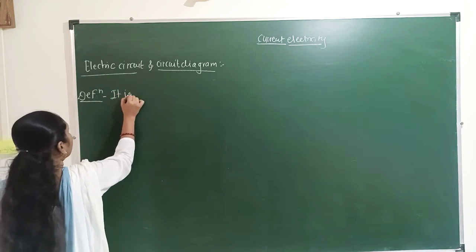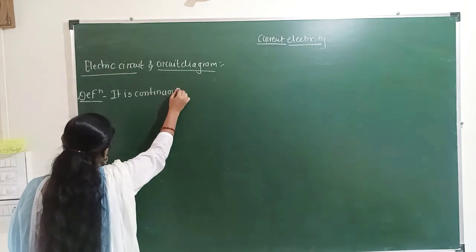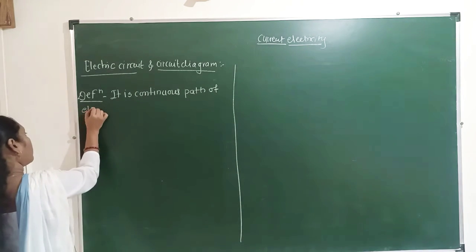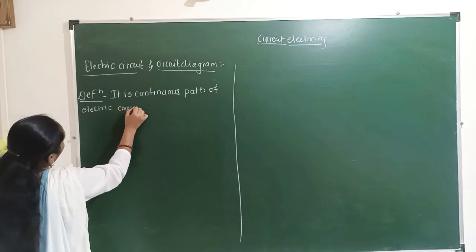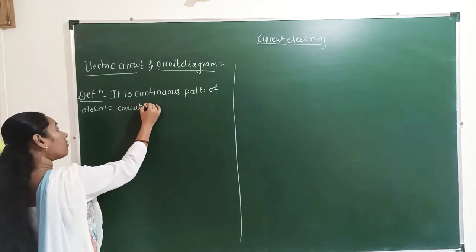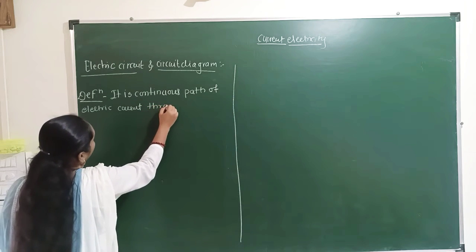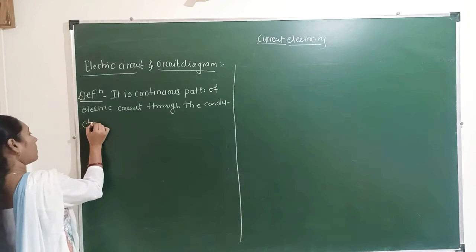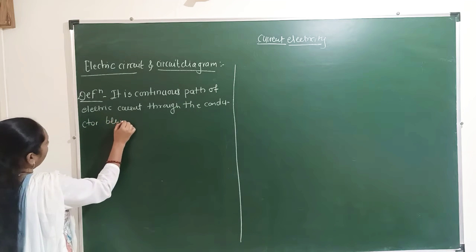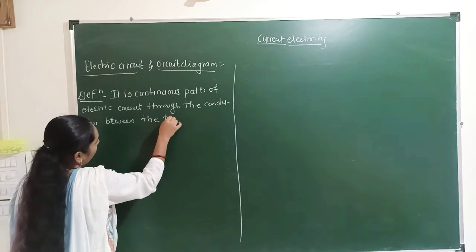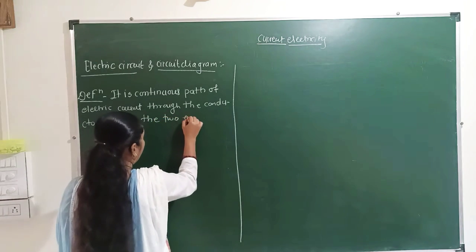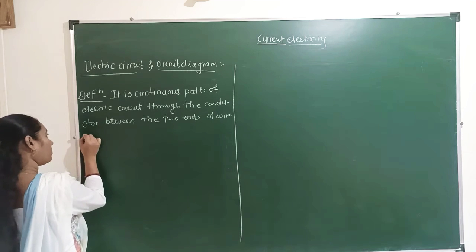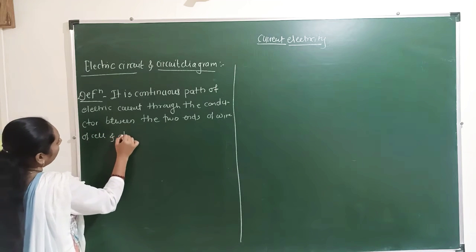It is the continuous path of electric current through the conductor between the two ends of the wire, of the cell, and other resistance.